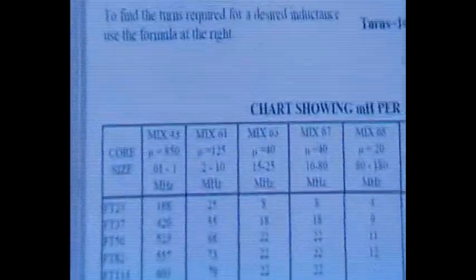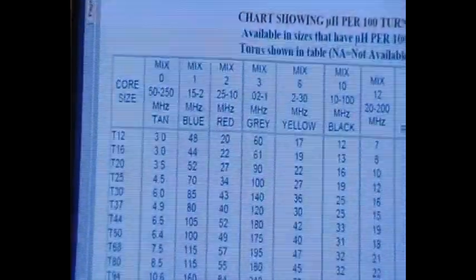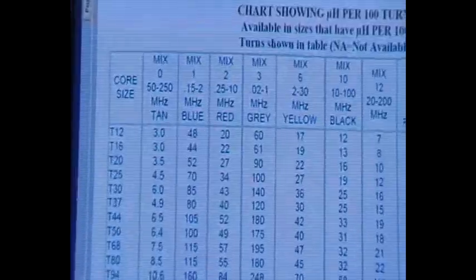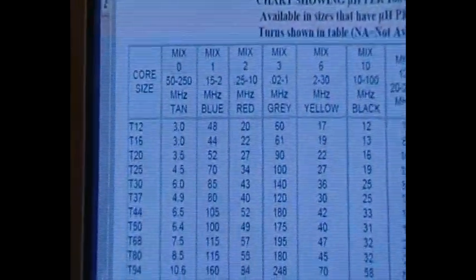And I'll move up to the powder iron cores, and the ALs here are specified again in microhenries per 100 turns. For this manufacturer, that's what they've specified them in.